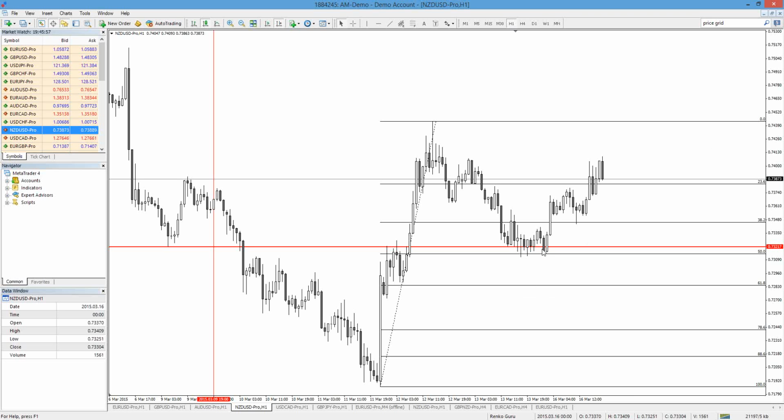Now, obviously, because the price is too overstretched to the upside after the Reserve Bank of New Zealand decided not to cut any rates, we need to place our stops a little bit lower at 72.50. So my plan is to go long at 73.20, 72.50 stop loss. Target is 75.15.